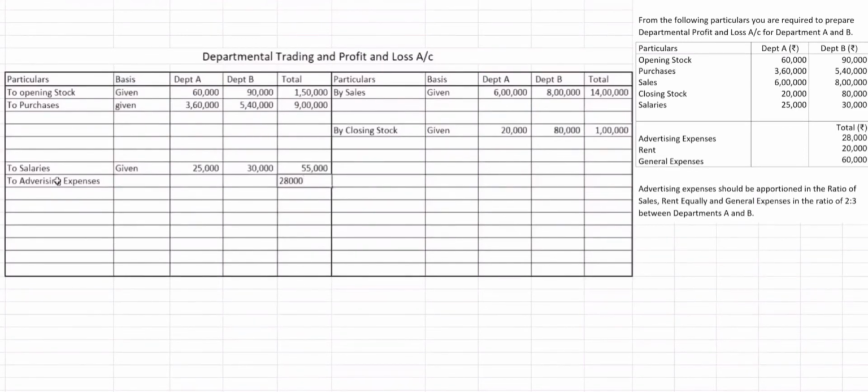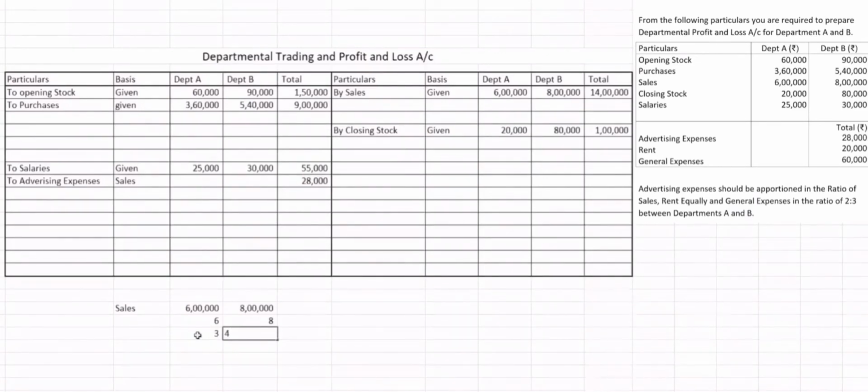So basis will be sales ratio. If we'll check sales ratio is, here sales are 6 lakhs and 8 lakhs. If we'll reduce the ratio, it will be 6:8. If we'll reduce it further, it will be 3:4.